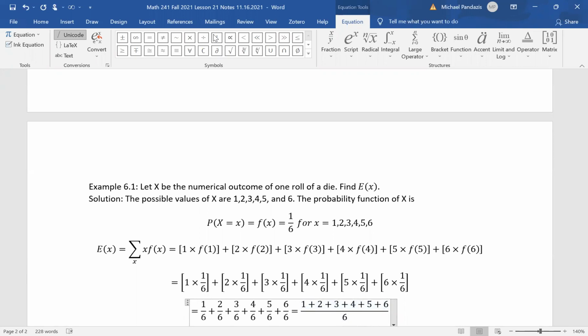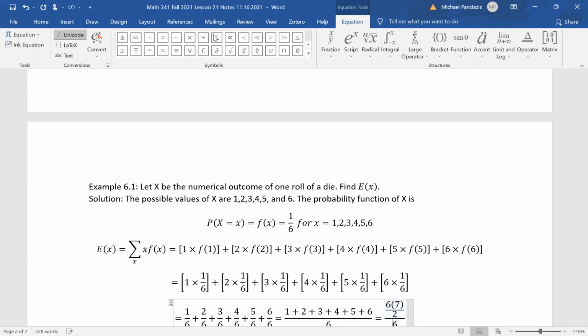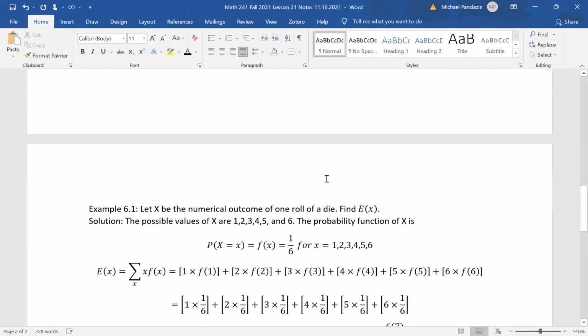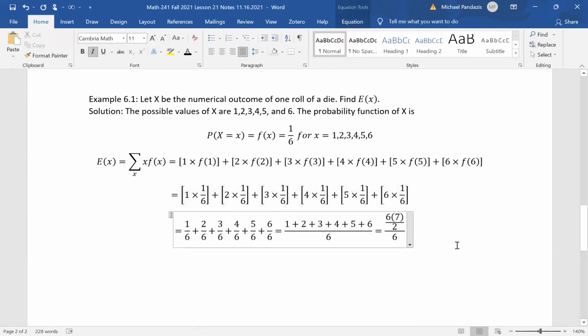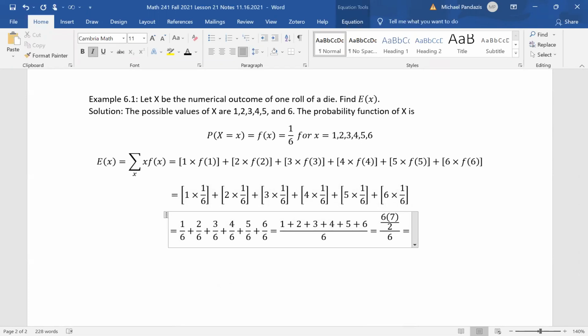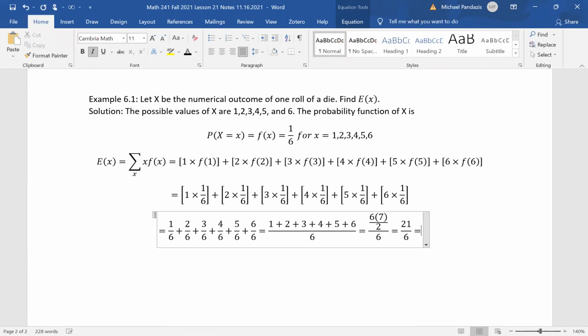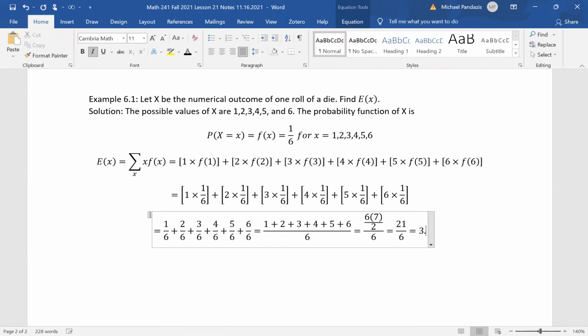The sum of the numbers from 1 through 6 is 6 times 7 divided by 2, by a formula. So the sum of all the positive integers from 1 through 6 is 6 times 7 over 2. And so this is 21 over 6, which is the same as 3.5.